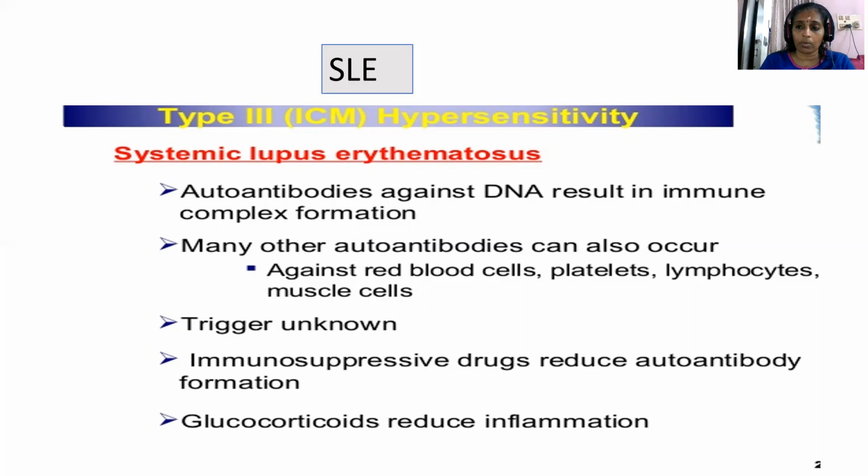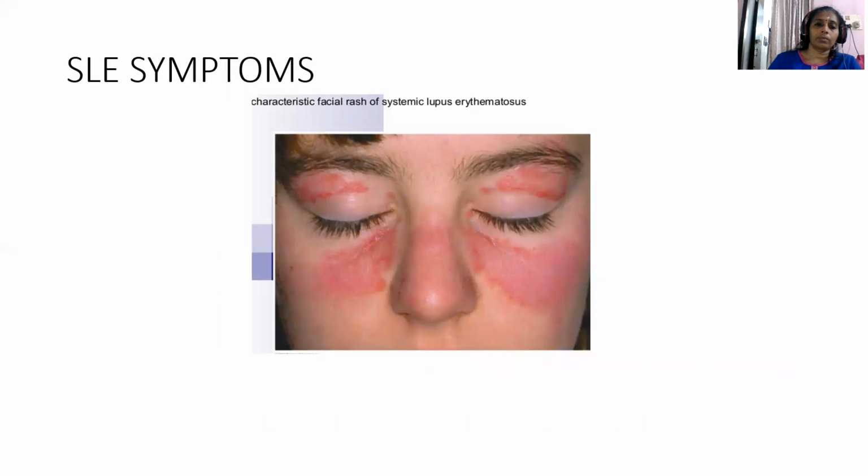Due to the autoantibody production, antigen-antibody complex formation also occurs. Here, antibodies are formed against red blood cells, platelets, lymphocytes, and muscle cells, and this can result in inflammation. The inflammation can still be reduced with glucocorticosteroid drugs and immunosuppressive drugs. This is a typical SLE symptom.